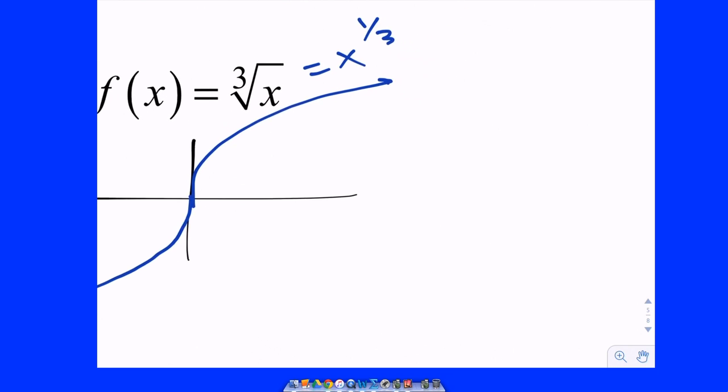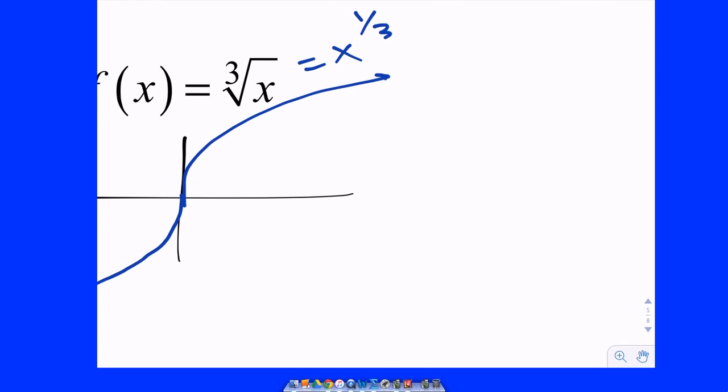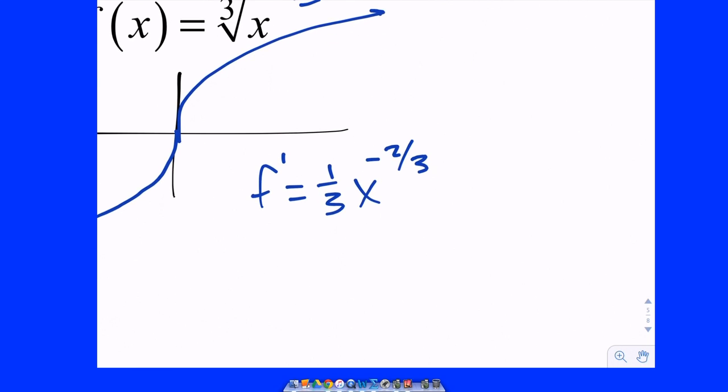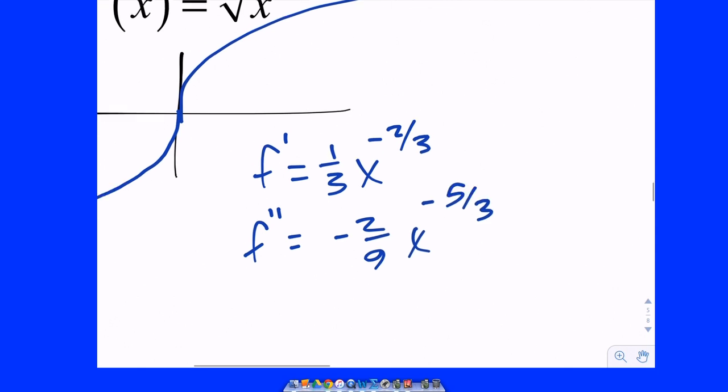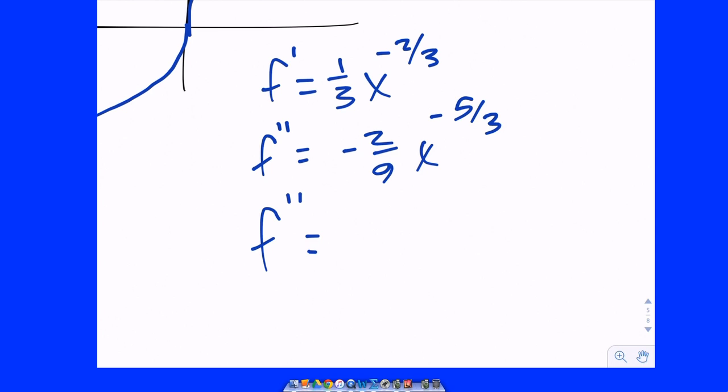Now, look at the calculus. If you just did something like this purely analytically, f prime would be 1/3 x to the negative 2/3, right? And we know that would jump down to the bottom, and we wouldn't have any values that made it equal to 0, but it would be undefined at 0, and we know to look for those. The second derivative would be negative 2/9 x to the negative 5/3. Now, if we're talking about concavity, if I clean that up, that's negative 2 over 9 cube root of x to the 5th.